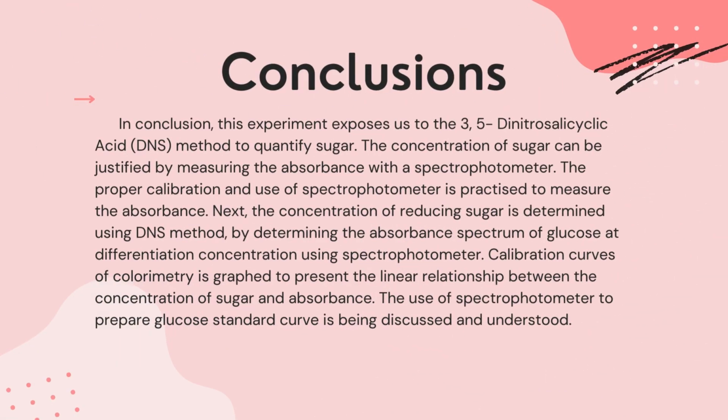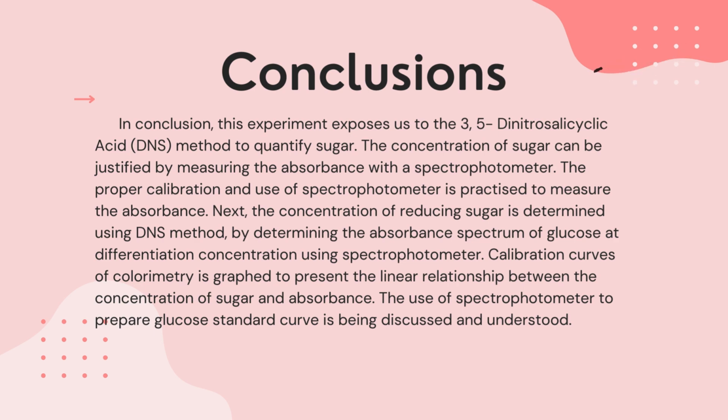In conclusion, this experiment exposes us to the 3,5-dinitrosalicylic acid or DNS method to quantify sugar. The concentration of sugar can be determined by measuring the absorbance with a spectrophotometer. The proper calibration and use of the spectrophotometer is practiced to measure the absorbance.